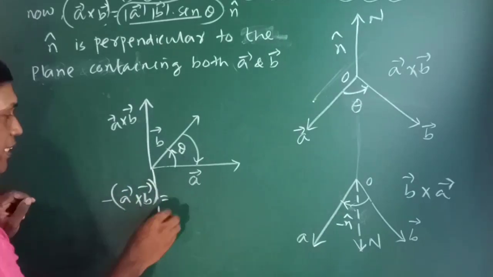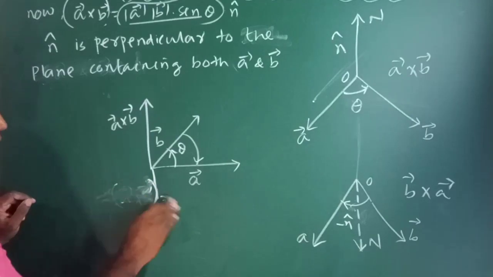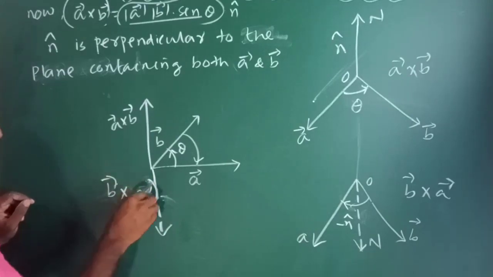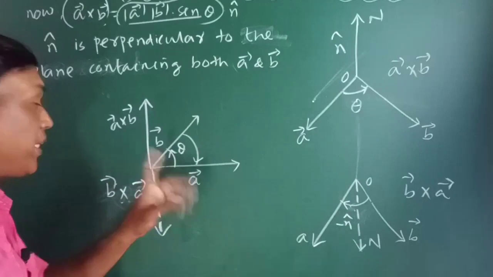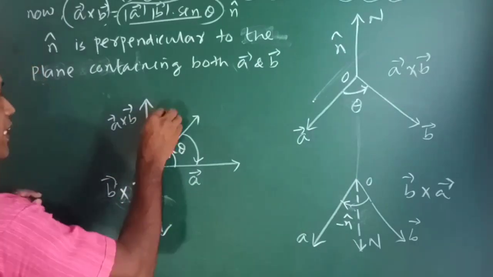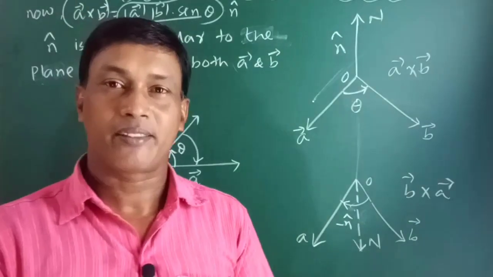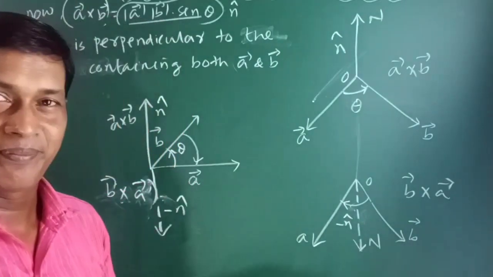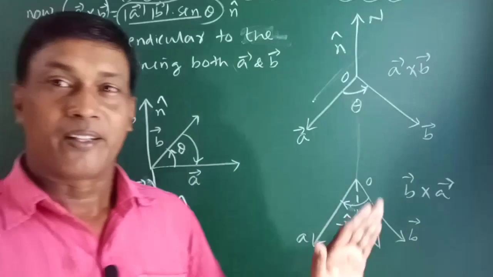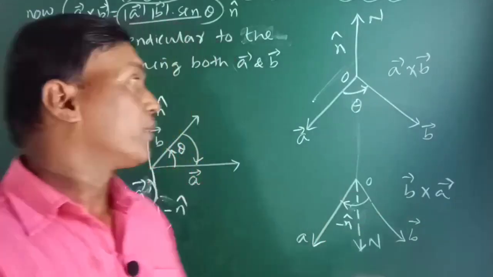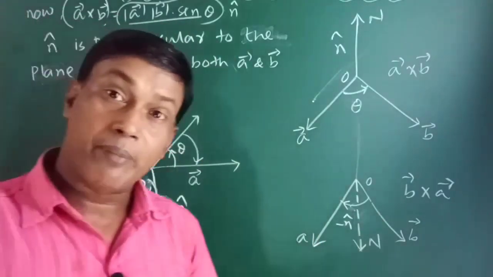This is actually B cross A. This is n cap, and this is minus n cap, because both have the same magnitude but opposite direction.